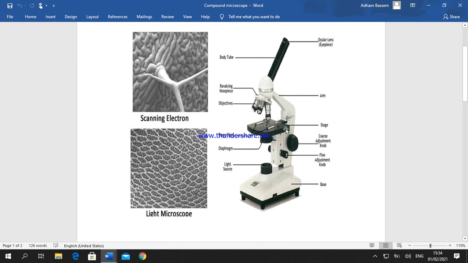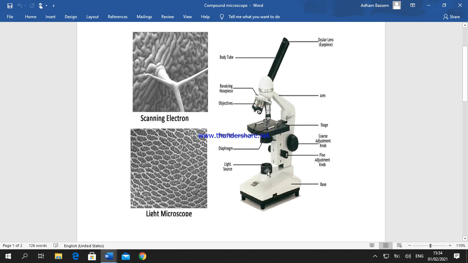This part is called the stage. The glass slide you want to see is put on the stage and fixed using stage clips. Then the light source.